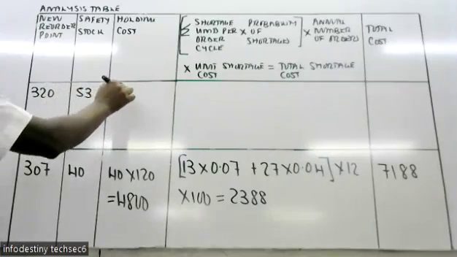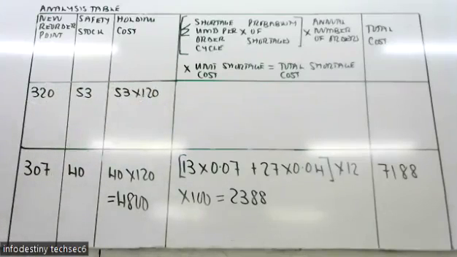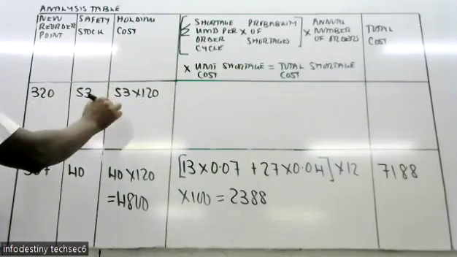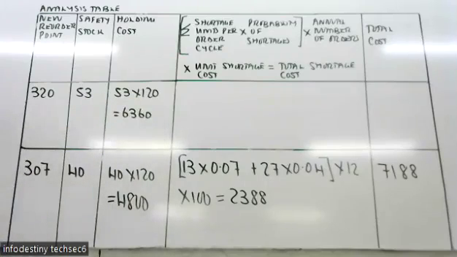So 53 times 120, let's get 6360. So you can only be out of stock ukipita hapo. That will be how many units? 14.